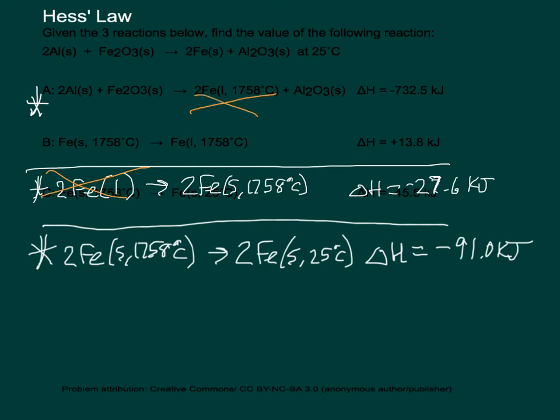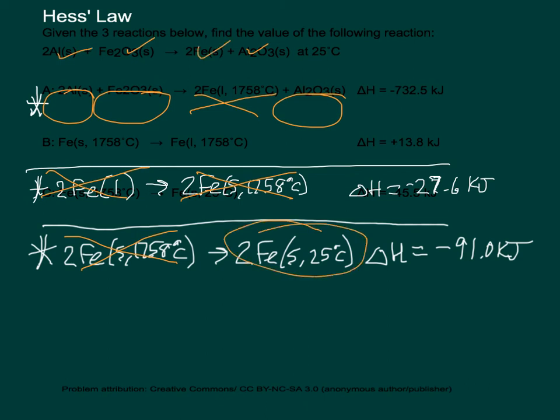The 2 Fe solid at 1758 degrees here will cancel with this one, and what we're left with is exactly what we want. 2 aluminum solid, iron(III) oxide solid, and we are also left with Al2O3, so we have those so far, and 2 Fe solid at 25 degrees Celsius. There we go. So in order to find the delta H now, we're allowed to simply add up. Since we can add these 3 reactions and get it, all we have to do is add those delta H's.